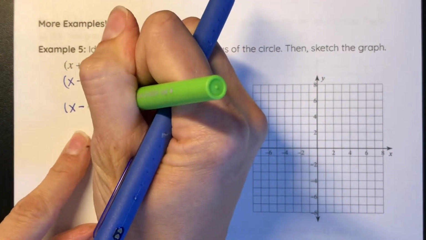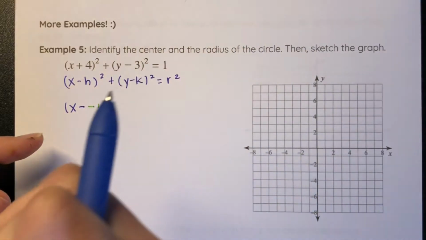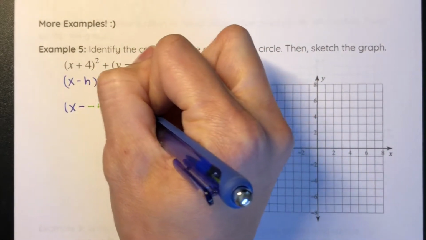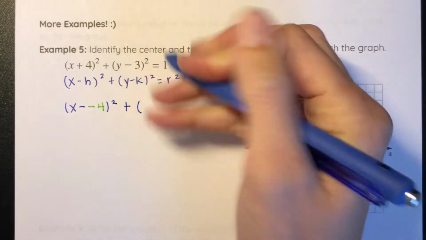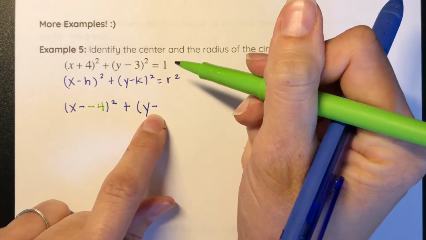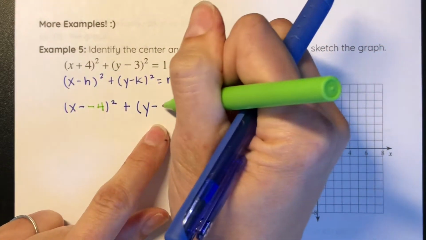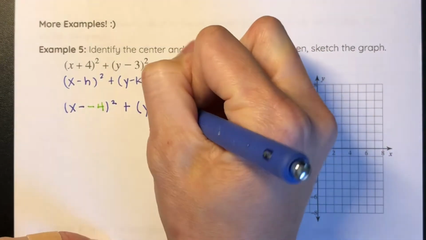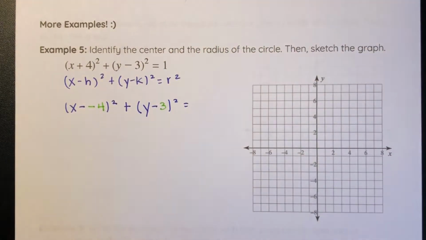So I know that since two negatives equal positive, h has to be negative 4. And I have y minus k, and I have to make this expression equal negative 3, so I can just put in a 3 for k. And then r squared will equal 1.